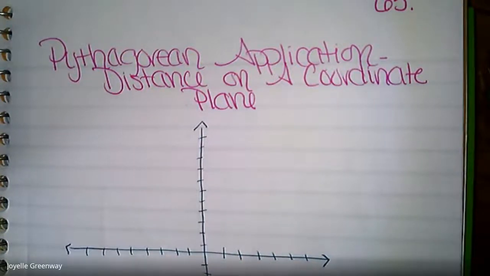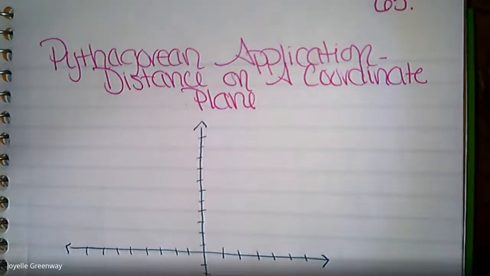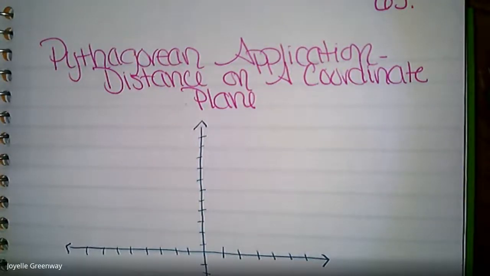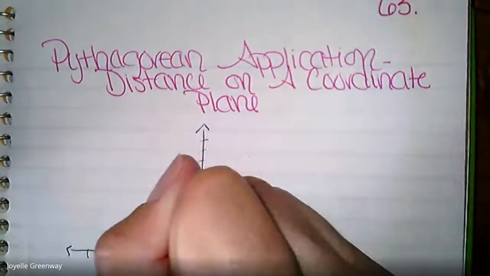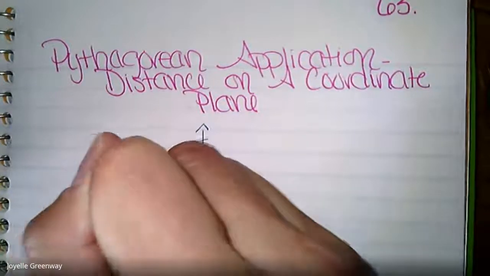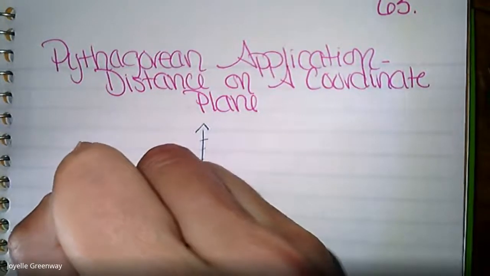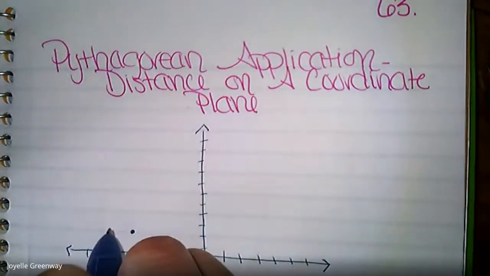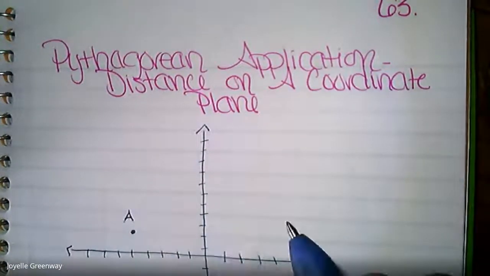So if we're looking for the distance between points on a coordinate plane, let's do a point at 1, 2, 3, 4, 5, so -5, +2. So this is at -5, +2.